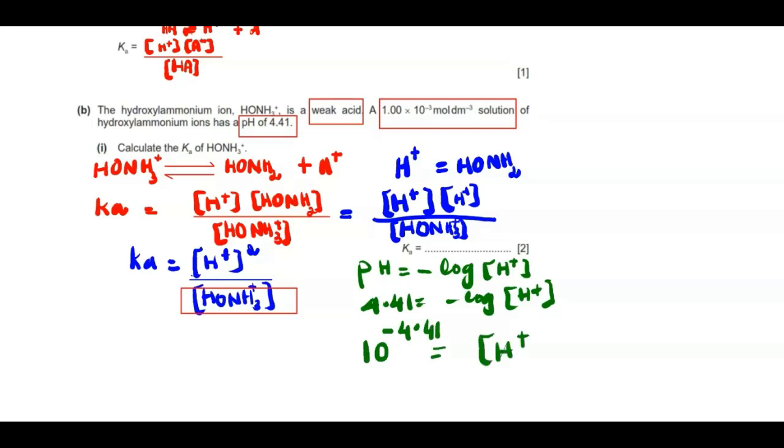By taking antilog in the calculator, you get the hydrogen ion concentration, which is 3.9 into 10 raised to power minus 5, right?